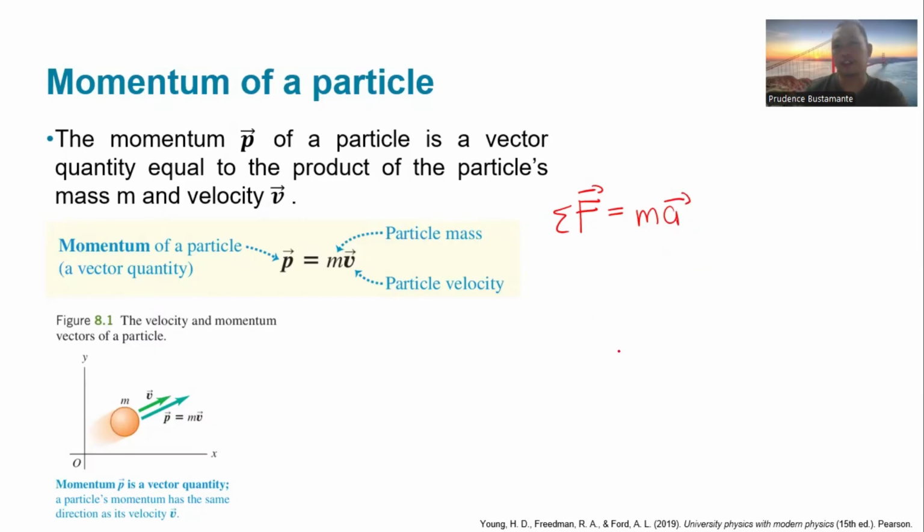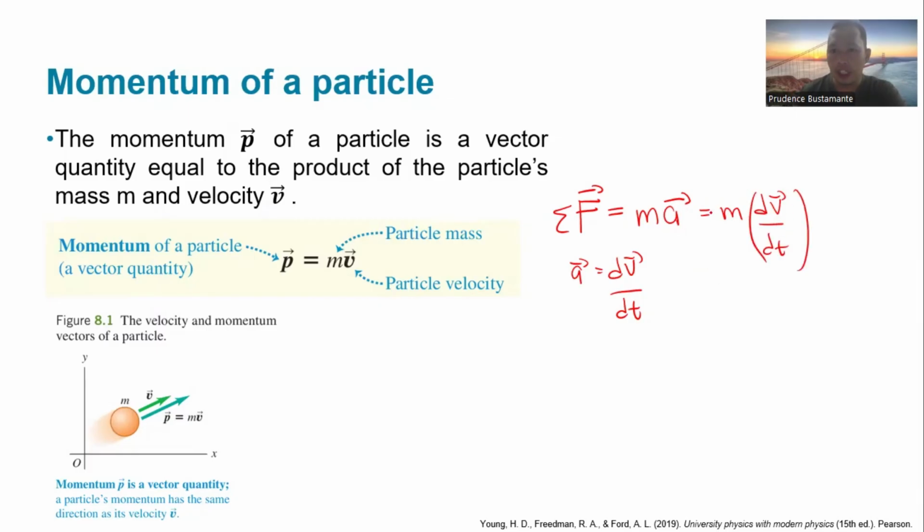This is the equation for Newton's second law. We know that the acceleration is just equal to the derivative of the velocity with respect to time. So this is equal to m dv over dt.